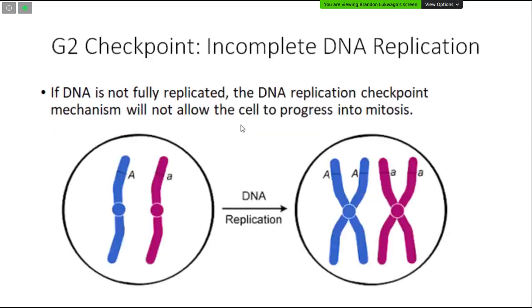I wasn't able to find the schematic for this, but I'm assuming it's similar to the DNA damage checkpoint, where if it's damaged, there's a mechanism to try to repair it. So in this case, if it's not replicated correctly, I'm assuming there's some type of mechanism to either go back and re-replicate or something like that.